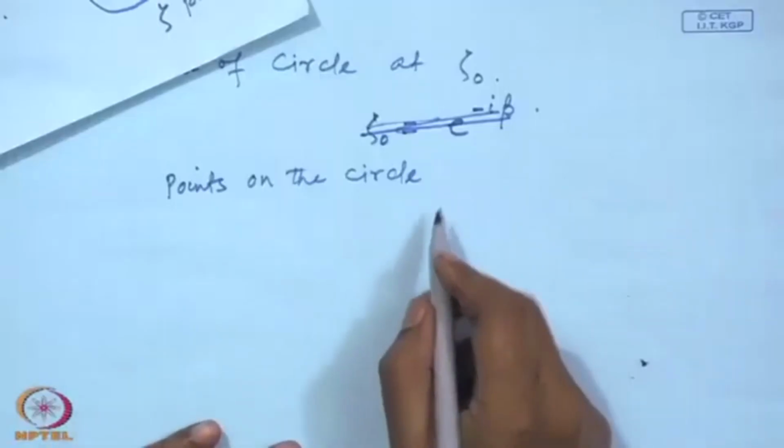But now the center is at zeta naught, so what is the equation of the circle? It is zeta minus zeta naught equal to r e to the power i theta. So, that is the point on the circle.